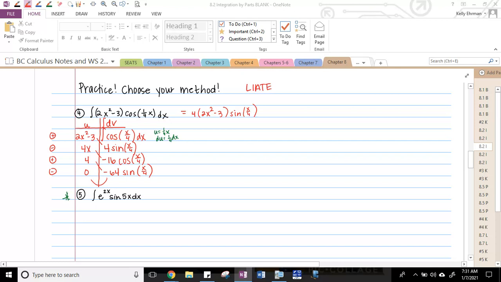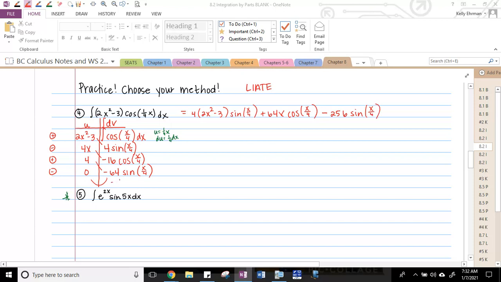It's the first term. And then we have negative 4x times negative 16 is plus 64x cosine of x over 4. And then we have positive 4 times negative 64, so that's negative 256 sine of x over 4.